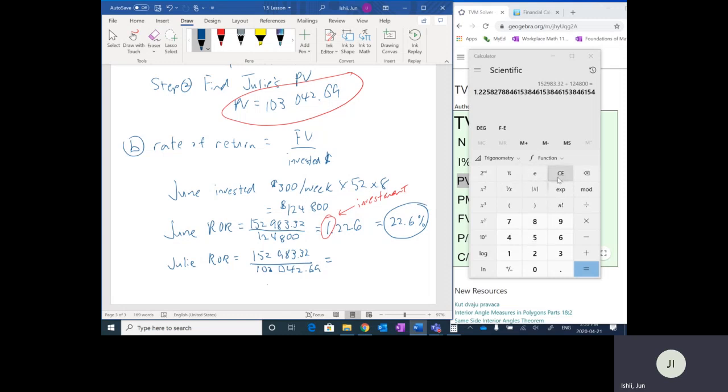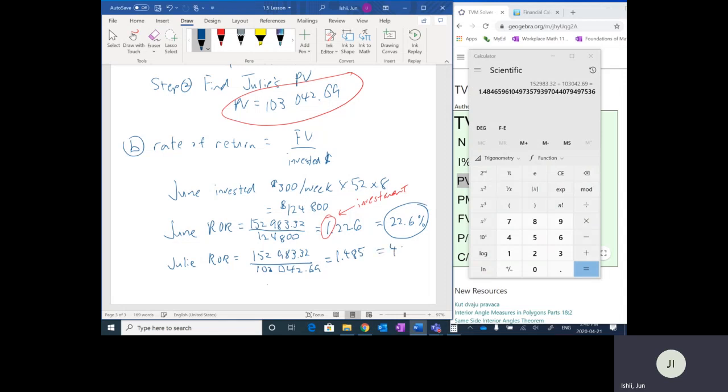So let's just do this calculation: 152,983.32 divided by 103,042.69. This time we got 1.48, and let's go one more decimal point, so 1.485.